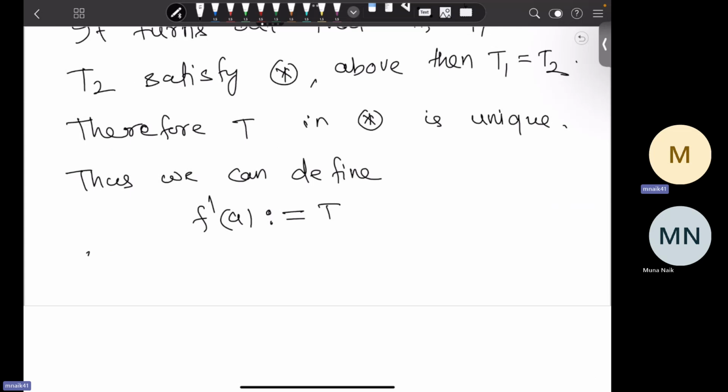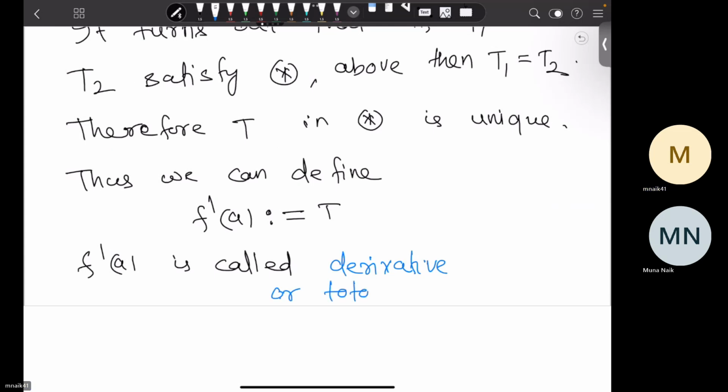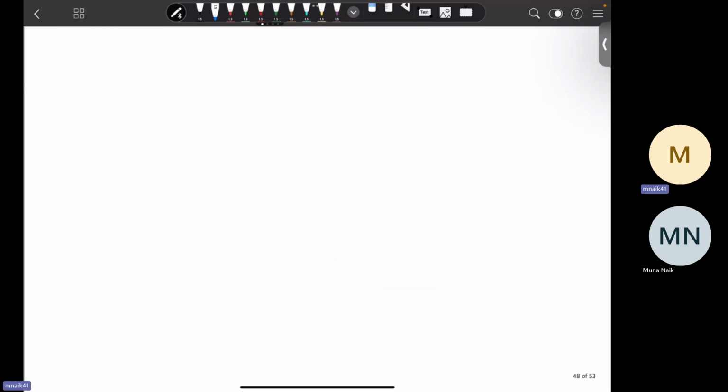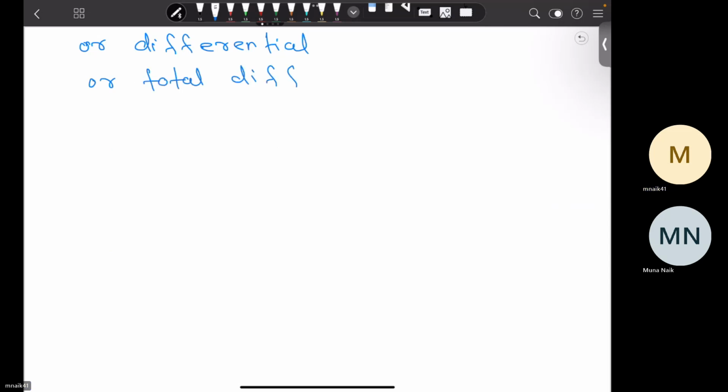And this f prime a is called the derivative, or total derivative, or differential, or total differential of f at a.